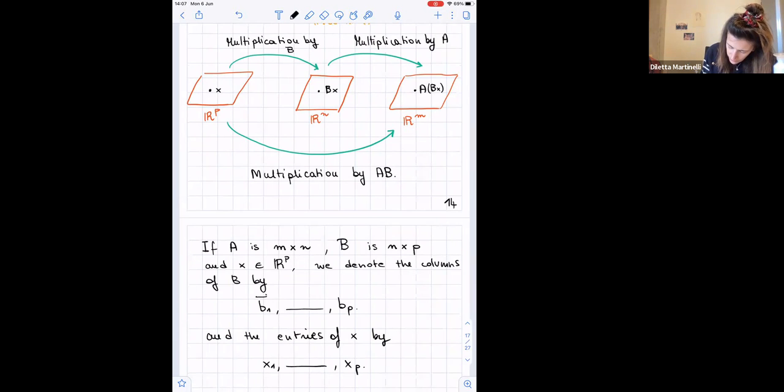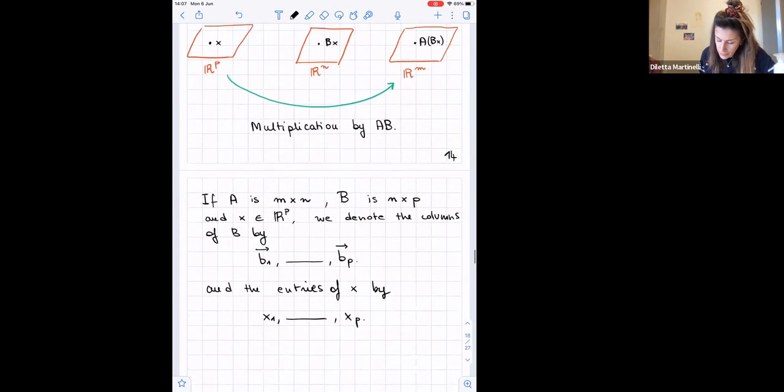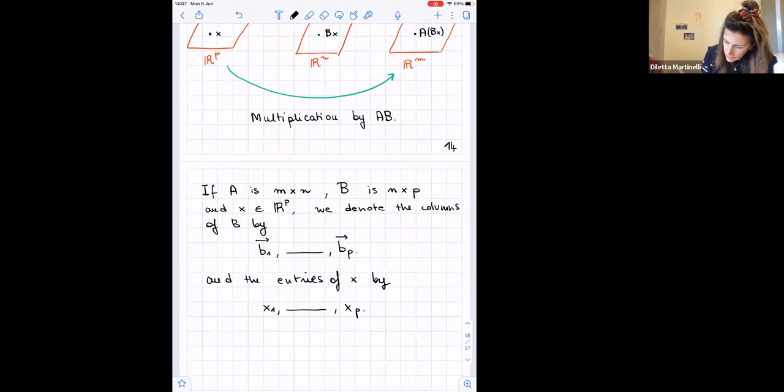So maybe just to emphasize, these are vectors, right? First, we have B1, ..., Bp are the column vectors of B, and x1, ..., xp instead are the entries. So in terms of the Bi's and the xi's, can you tell me what is Bx?